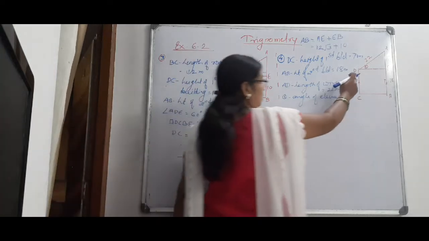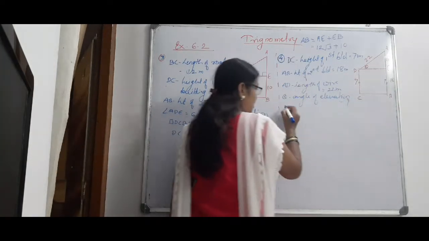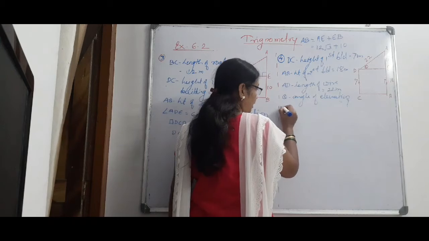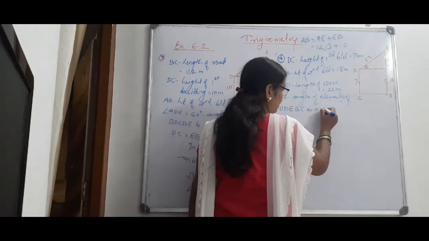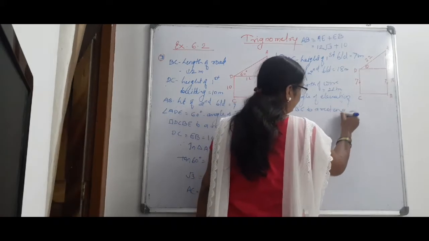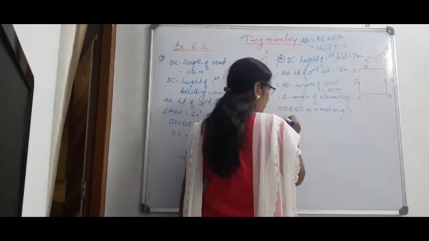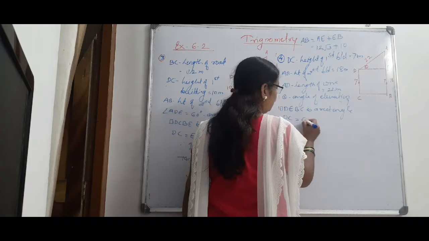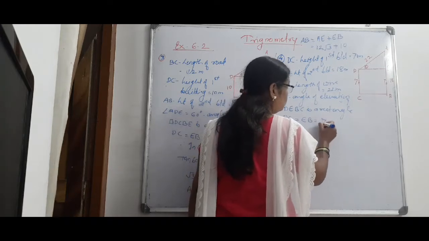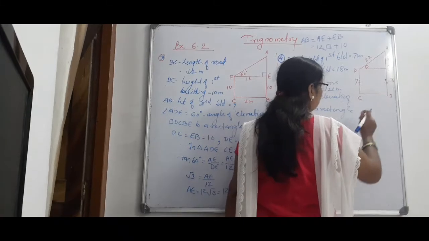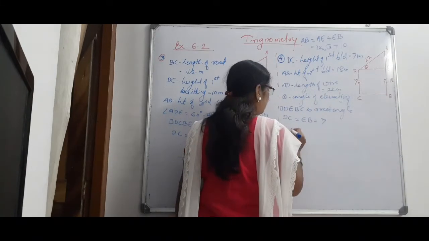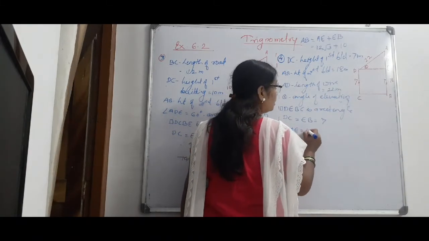Now here also quadrilateral DEBC is a rectangle. So here also BC is equal to EB is equal to 7. Now see here, AE is equal to what?